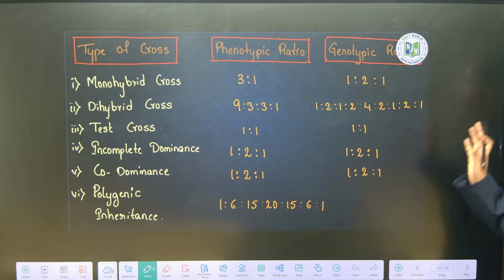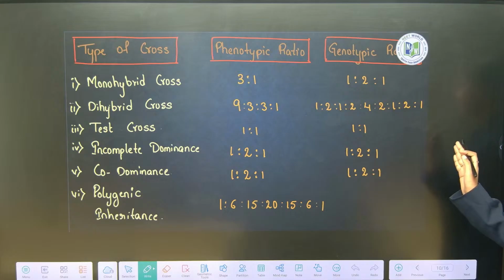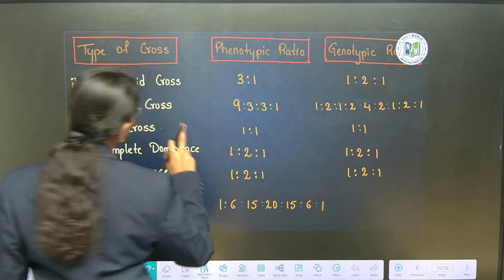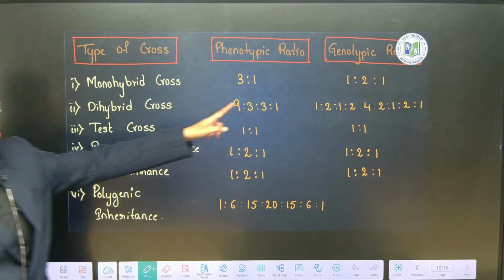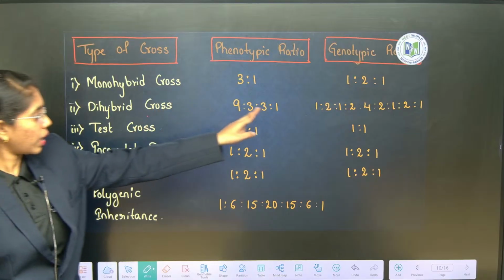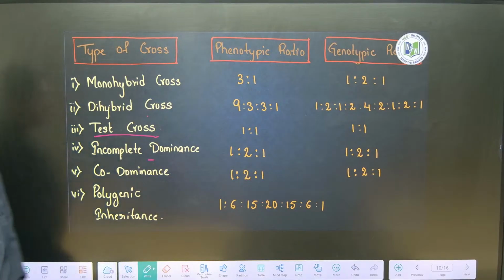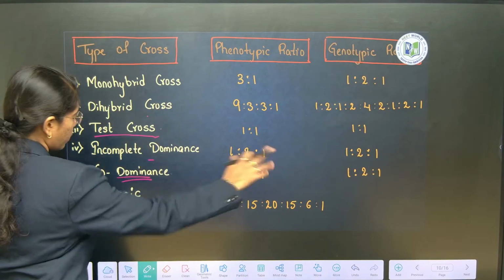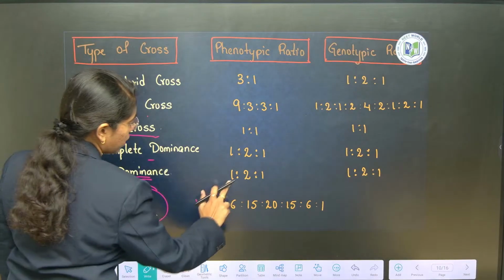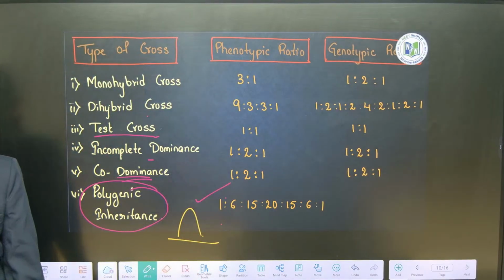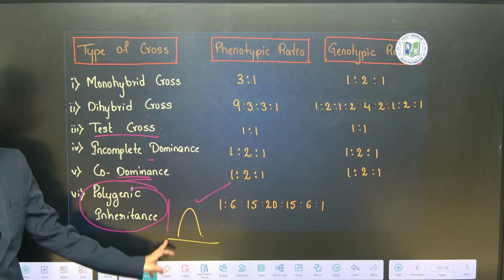So this will be the phenotypic and genotypic ratio. I hope this table is not there with you. Take down this table. I know the table won't be there because I designed it. Monohybrid cross, phenotypic ratio is 3:1, genotypic ratio is this. Dihybrid, phenotypic and genotypic ratio. Test cross. In incomplete dominance, genotypic and phenotypic ratio will be the same. Codominance also, it will be the same. Polygenic inheritance, the ratio is this, which will give you a bell shaped curve in a graph. When you plot that gene expression in a graph, it will be a bell shaped curve.